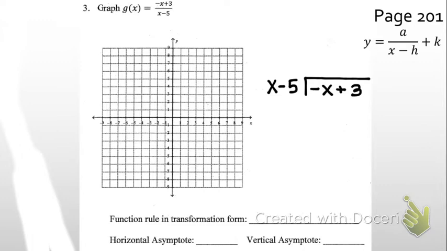So the first step is to divide negative x by x. So let's do that first. So we're going to divide negative x by x.